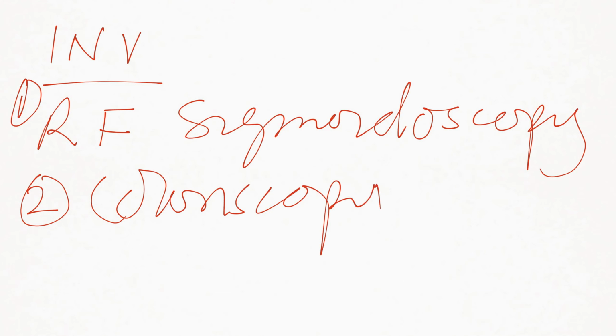These are the two endoscopic investigations you are going to do, fine. And as we mentioned before, the gold standard is the stool culture assay to detect the A and B toxins.